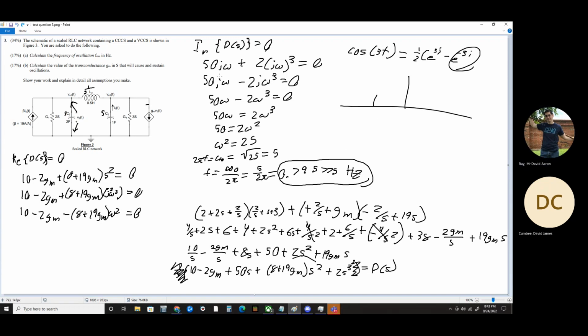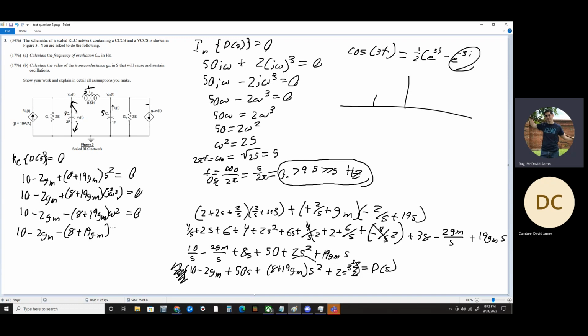And let me see. So we got our frequency of oscillation. And so from there, now we can plug in our omega 0 value, square root of 25, and the square root cancels out with the omega squared. So it's 10 minus 2 gm minus 8 plus 19 gm.